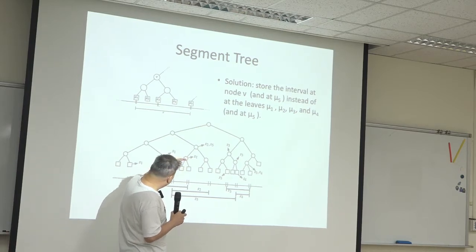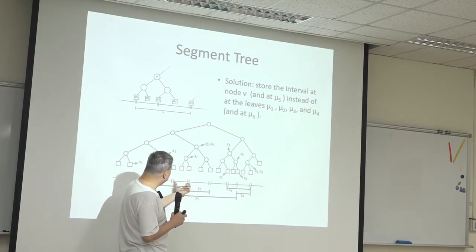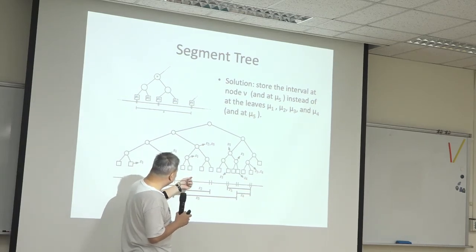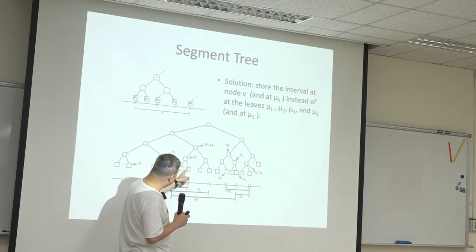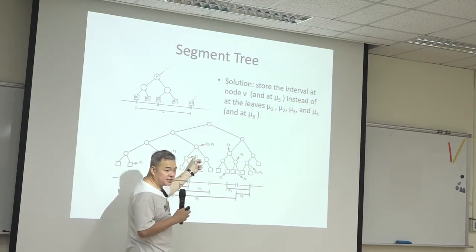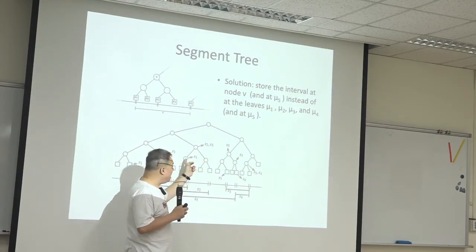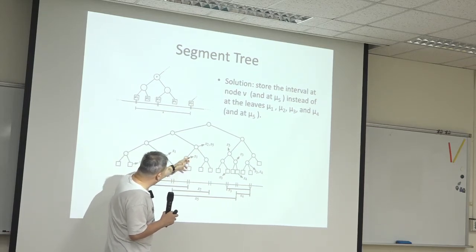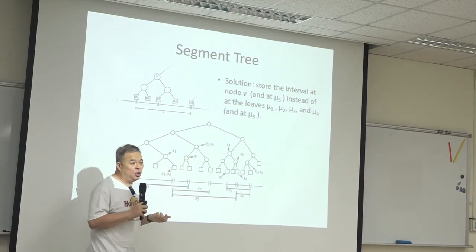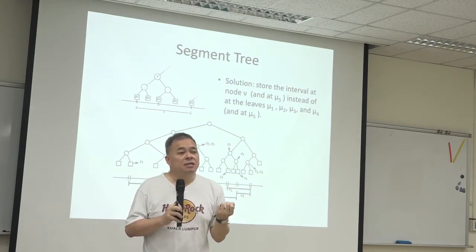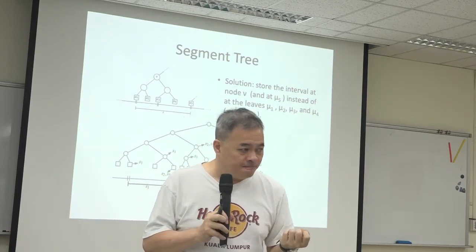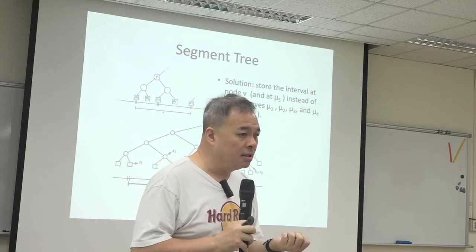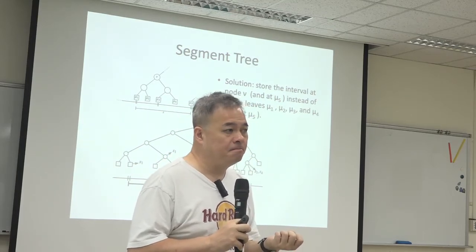And this region from here to this endpoint is also part of S1. So instead of storing S1 here and here, we store S1 here. By pushing the storage of S1 to the upper level, we reduce the number of copies required to store one segment.